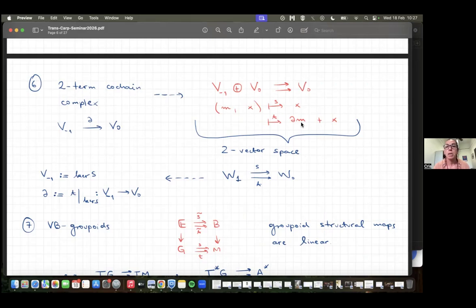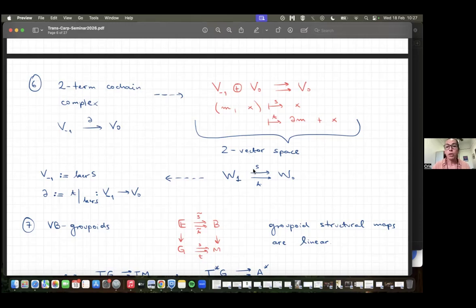So in this case, both the space of objects and arrows are vector spaces. The source and target are linear maps. And you can check also that all the other structural maps, inversion, unit, multiplication, are also linear. So this kind of groupoids are called two-vector spaces.